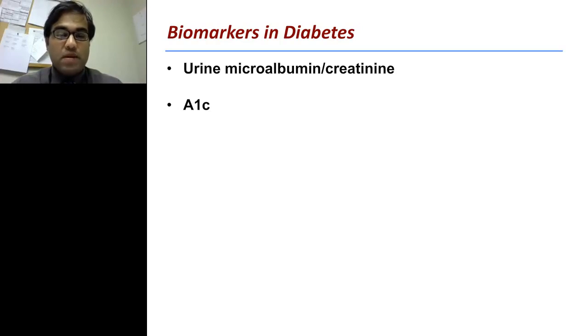And also, as I mentioned before, the A1C. So A1C is not only utilized for diagnostic criteria, but it also can have a lot of benefit when it comes to monitoring patients, and is a good predictor of outcomes in these patients, not only small vessel or microvascular outcomes, but probably also large vessel or macrovascular outcomes.